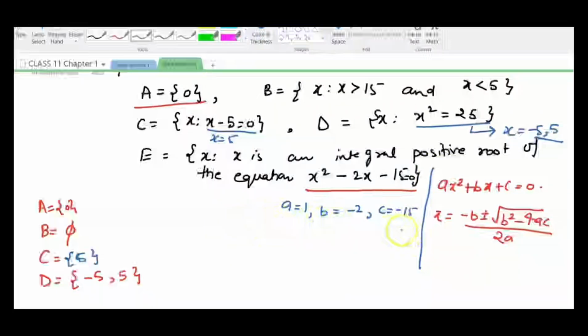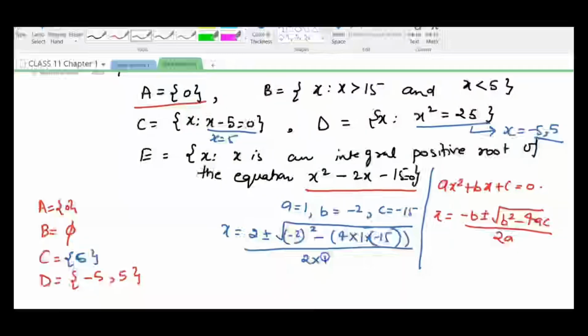On substituting the values here, we will get x is equal to minus b, so 2, plus minus square root of b square, so minus 2 square, minus 4ac, so 4 into a into minus 15, divided by 2a, so 2 into 1. So this will be 2 plus minus square root of, 15 fours are 60, 4 plus 60 is 64, divided by 2.